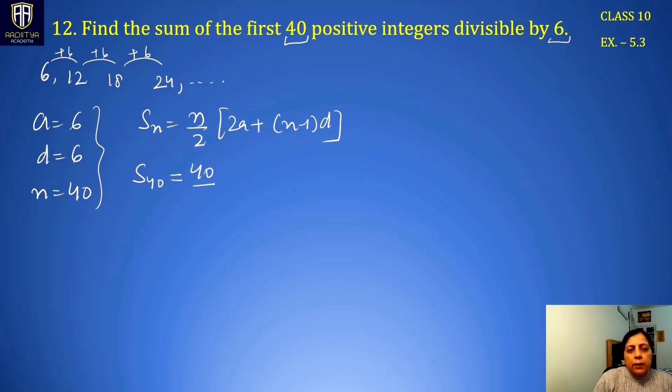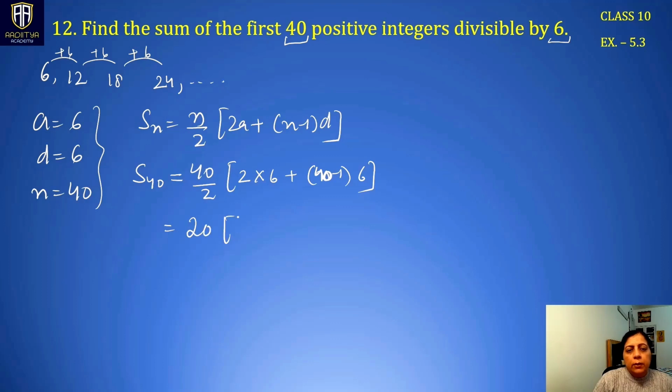This is 40 by 2 times 2 times A. A is 6. N minus 1, where N is 40, so 40 minus 1 multiplied by D. D is also 6.